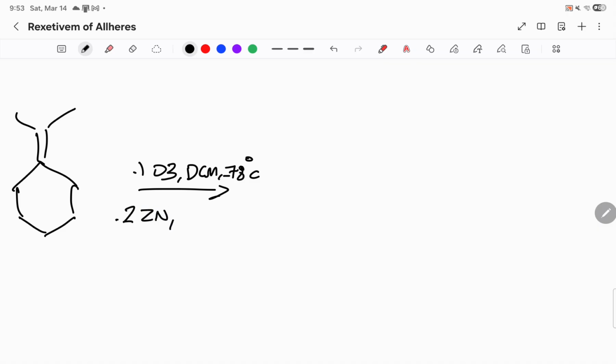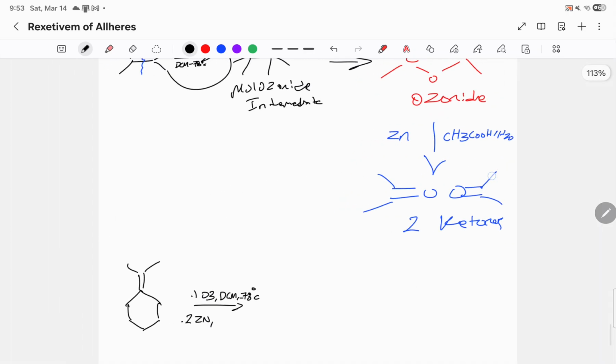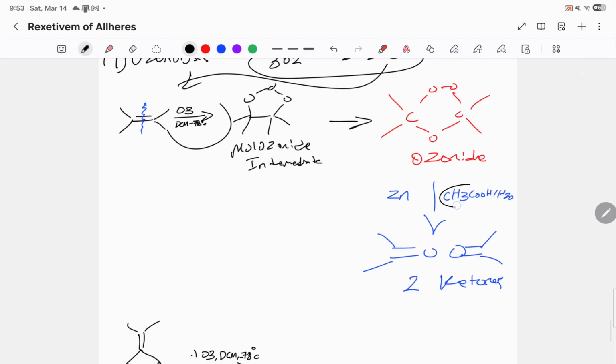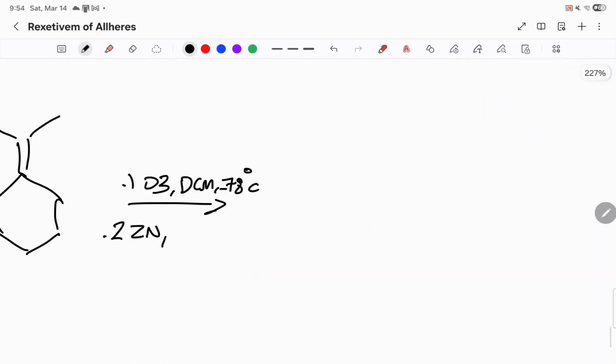So, in the previous example, we used glacial acetic acid in water. You could just tell me hydronium ion. You could tell me HCl. It doesn't really matter. You can use so many things, okay? We're just going to keep it general and say hydronium.